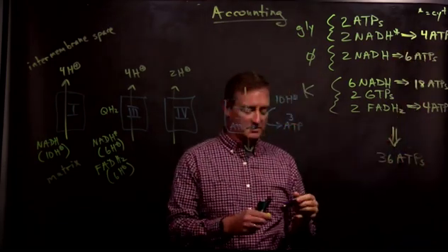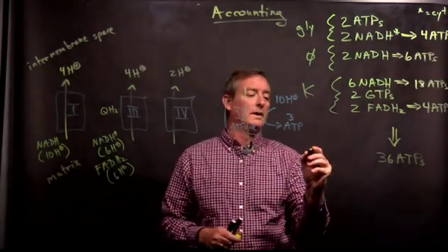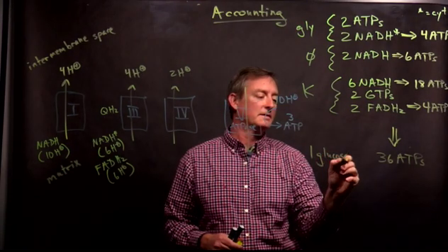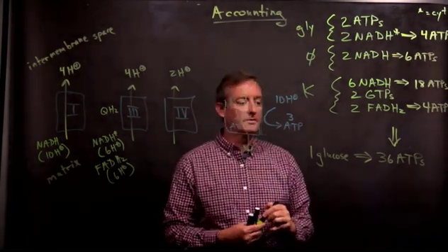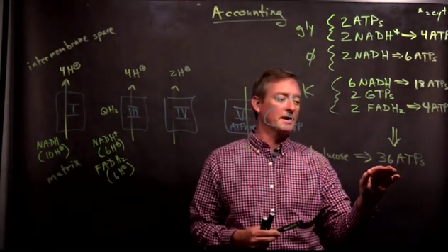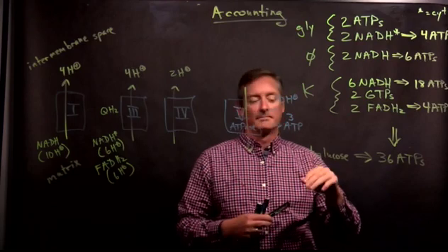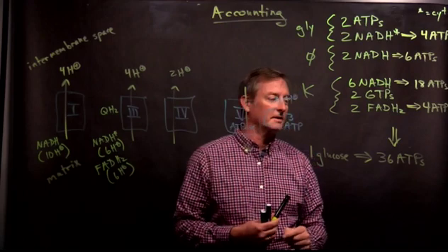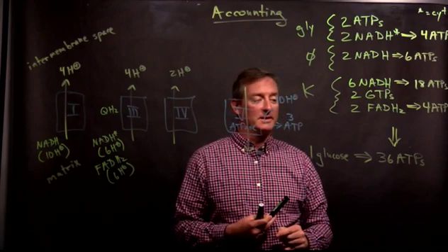We had to do some assumptions in here, but roughly, one glucose molecule completely combusted in the presence of oxygen, going through glycolysis and the Krebs cycle. The 6 carbons of this glucose are burned off with 6 carbon dioxides and result in enough energy to give us 36 ATPs.